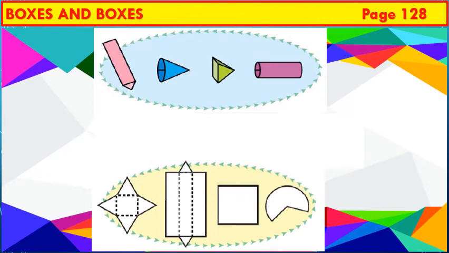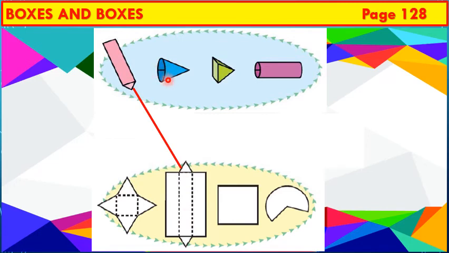Children, all the boxes are not cubes or cuboids. Here, some different kinds of boxes are shown. Below that, their nets are shown. Match the boxes with their correct net. This is a triangular prism and this is its net.